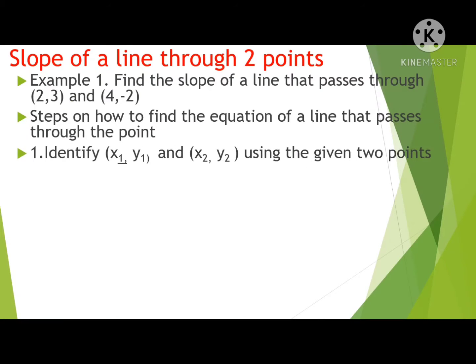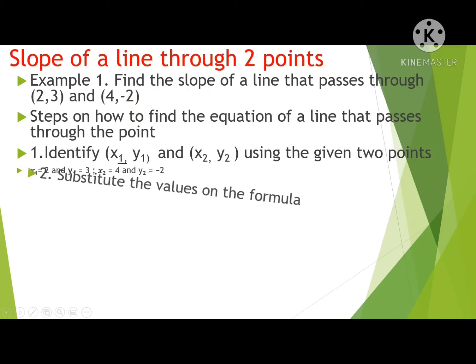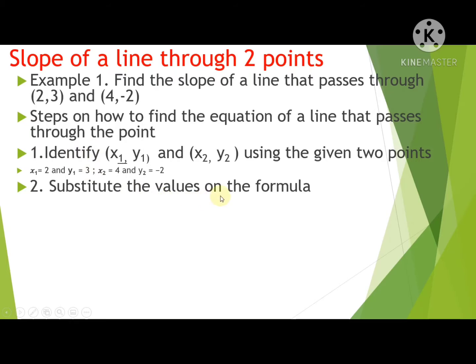So identify x sub 1, y sub 1, and x sub 2, y sub 2 using the given 2 points. Our x sub 1 is 2, y sub 1 is 3, x sub 2 is 4, and y sub 2 is negative 2. Second step. Substitute the values on the formula: slope, denoted by small letter m, is equal to y sub 2 minus y sub 1 all over x sub 2 minus x sub 1.